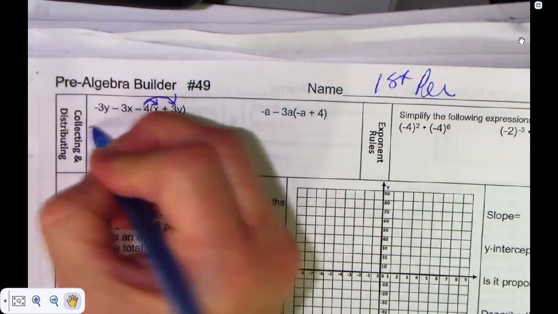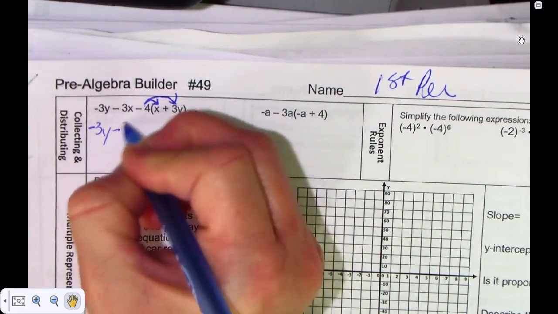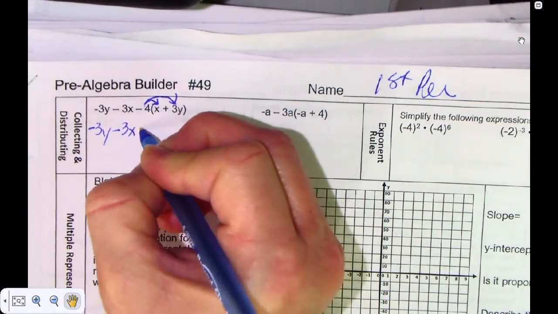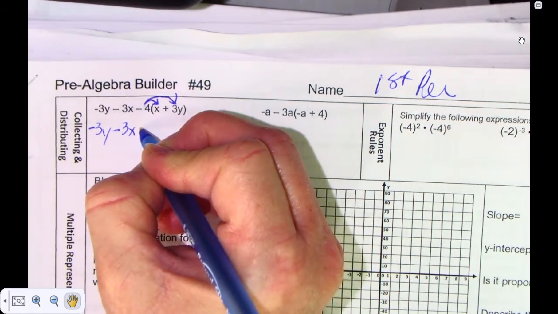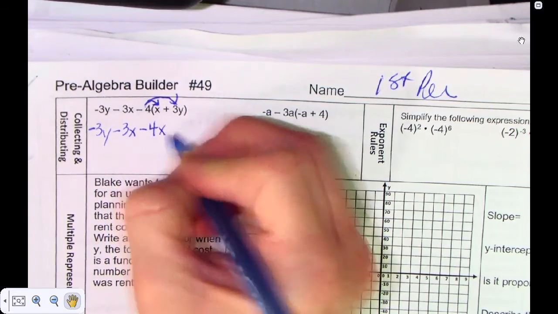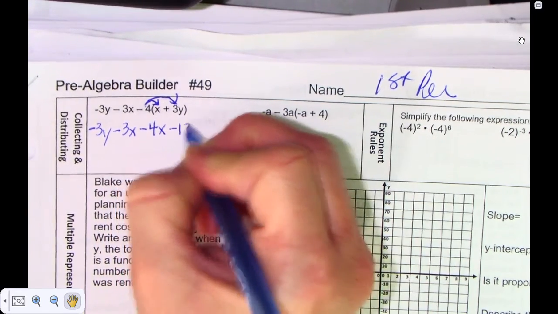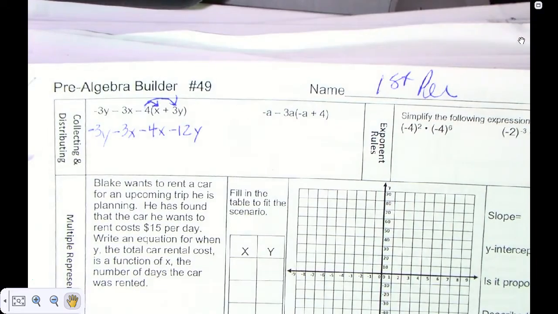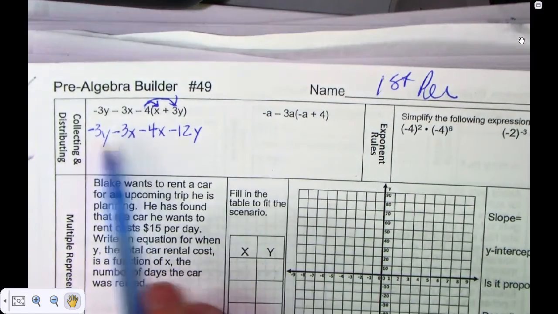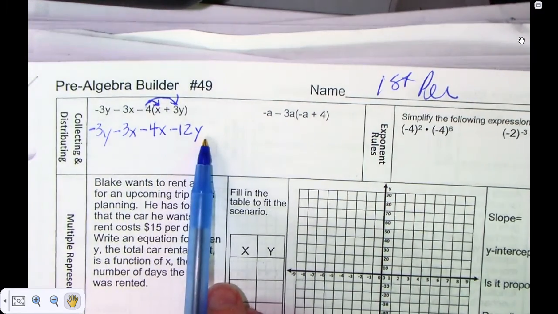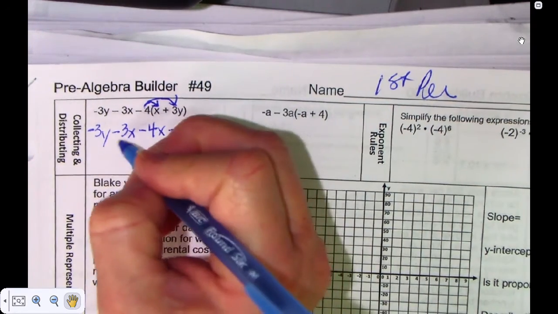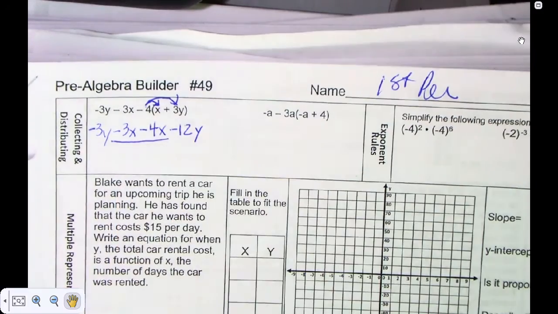Good. So -3y minus 3x minus 4x minus 12y. Good. Now I have 4 terms. There are some terms that have the same variable. So x comes first, so I'm going to do my x's.